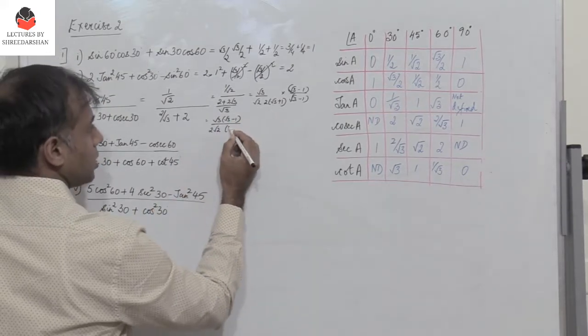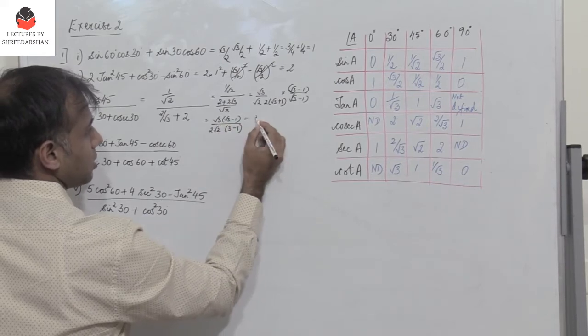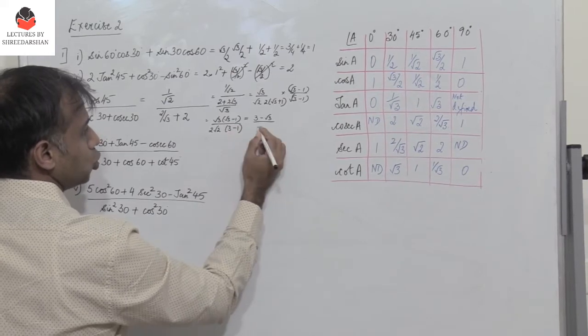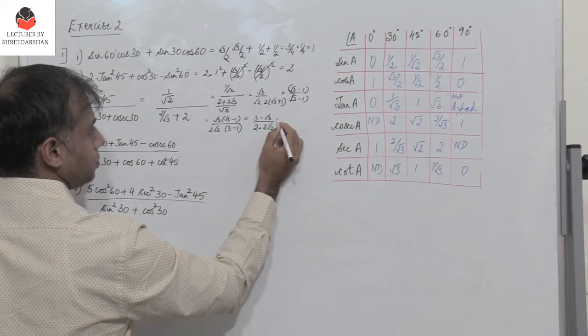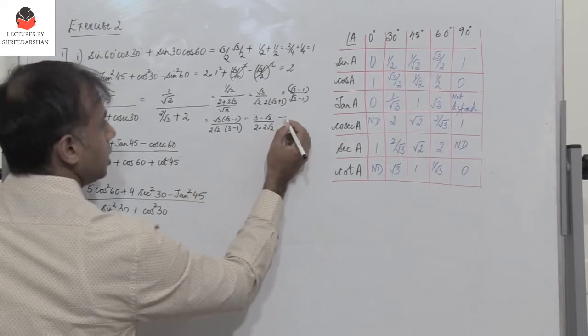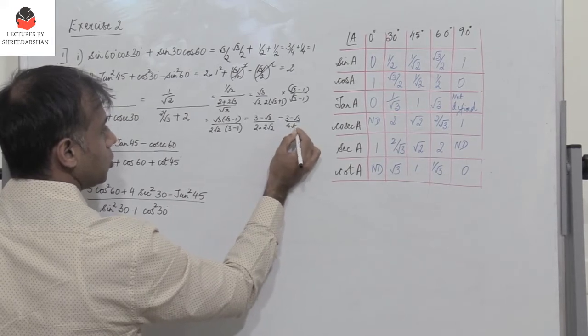So root 3 square is 3 minus 1. So here if I multiply, I get 3 minus root 3 divided by 2 into 2 root 2. Okay, so I am left with 3 minus root 3 divided by 4 root 2.